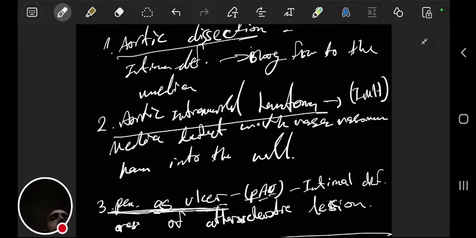We have the aortic intramural hematoma, which is a thrombus, or lesion, in the media, the middle layer of the vessel wall, and we have the penetrating atherosclerotic ulcer, which is a defect in the intima.